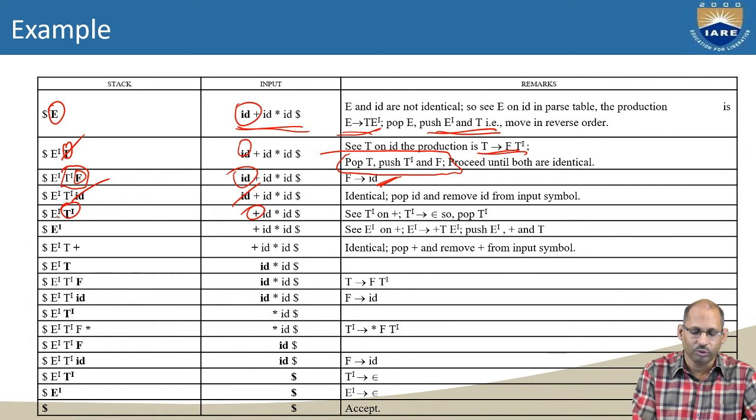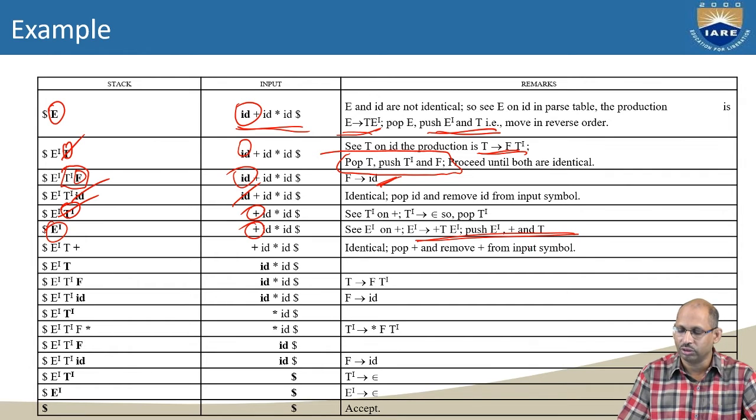So remove T dash. Then E dash and plus sign. E dash on plus is the production. So store E dash plus and T. So we are storing this one. Now plus and plus, so cancel the same, match the terminal.